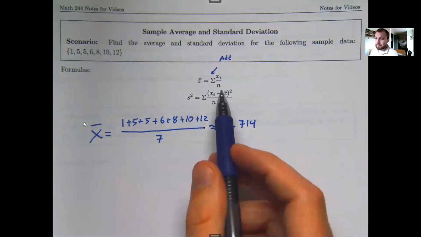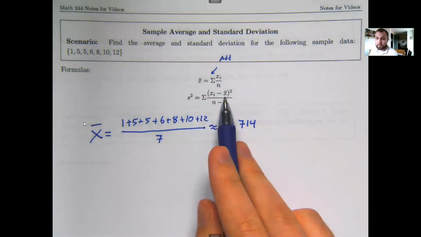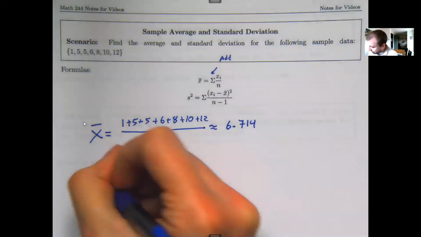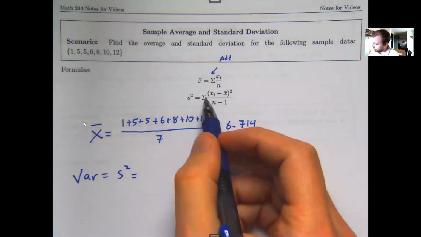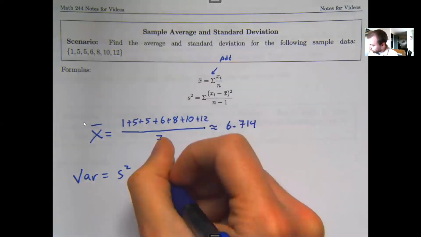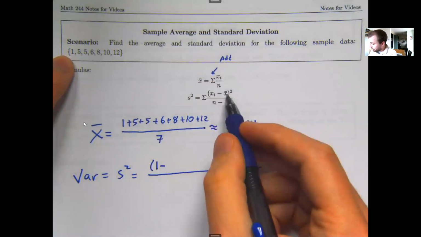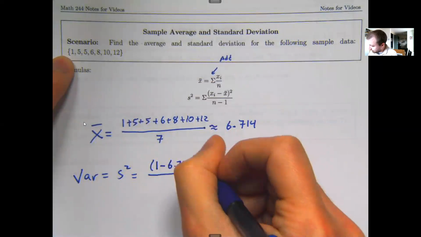The variance describes the gap size from each of the values to the center. So variance, my s squared, this is going to add each of the individual values, 1 minus the center, squared.